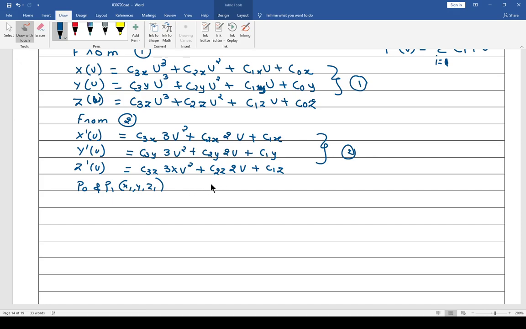Then I am aware of the slope at point 1, that is p0 dash, and the slope at point 2, that is p1 dash. Already we know slopes are now represented as delta x, delta y and delta z. So there is no term like dy by dx which tends to infinity. That is what we are avoiding in the parametric equation.